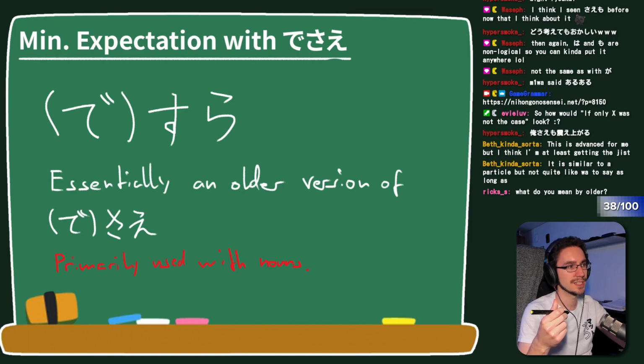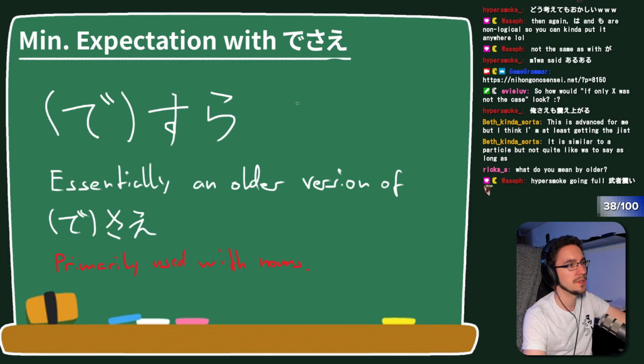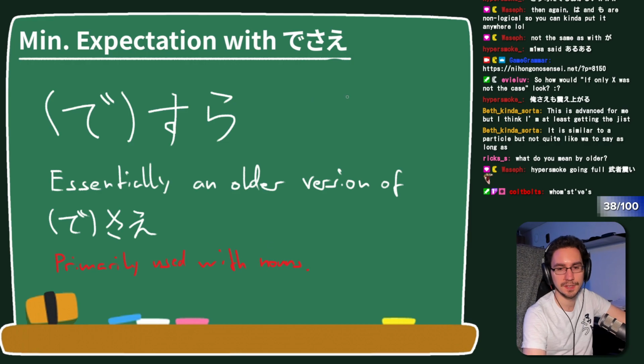For example, in English, a word that could be considered older would probably be something like whom. At this point, not a lot of people use whom anymore. It's pretty accepted to always use who, even though whom does have its place, but you could consider it kind of older, because it's starting to not get used anymore.